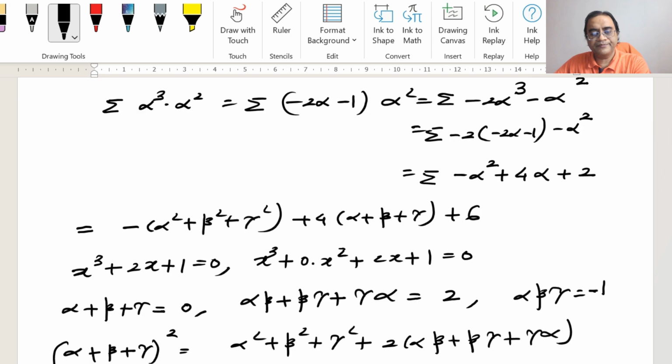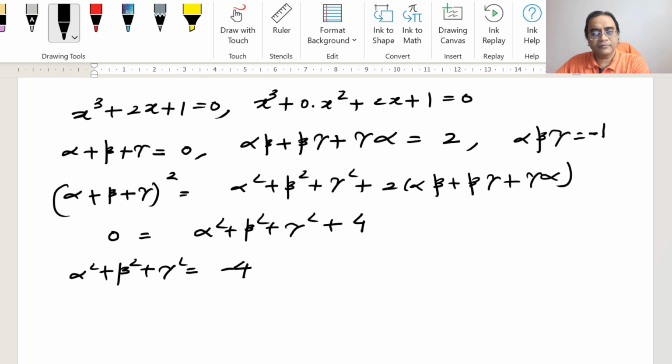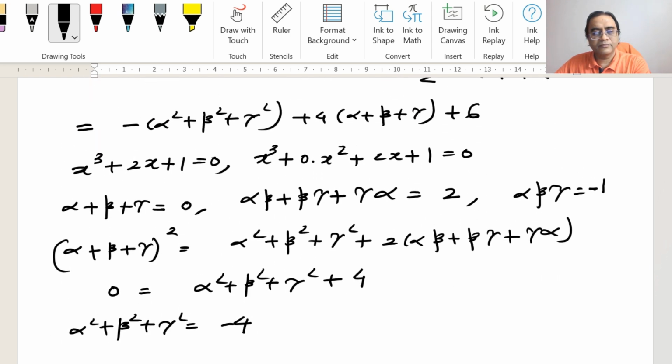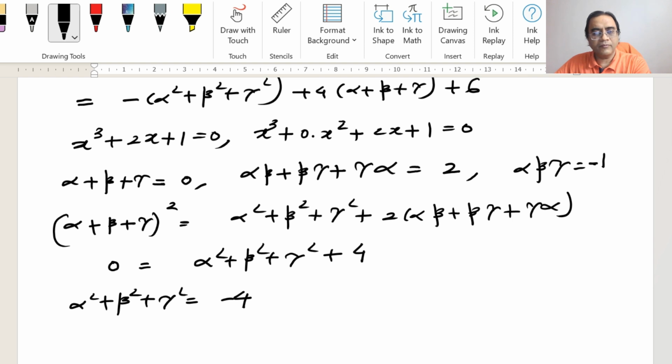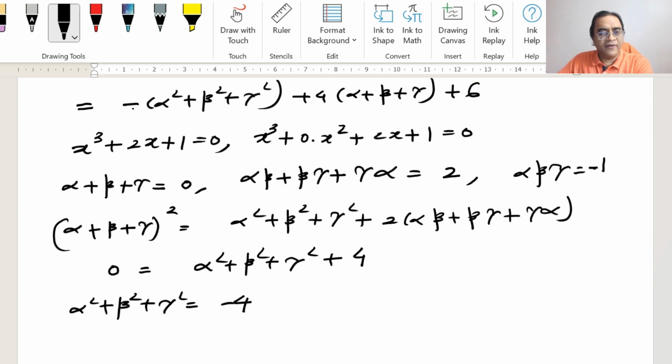Proceeding further, we have got this step with us. We want alpha to the power 5 plus beta to the power 5 plus gamma to the power 5. So minus of minus 4.